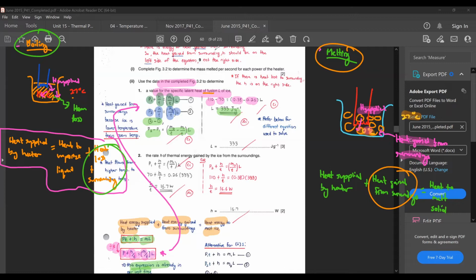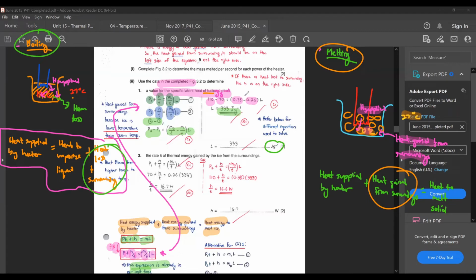Right. Now, you don't really need to change your units for mass from gram to kg, because the answer here is already in grams. All right. You can actually look at the analysis of your units if you wanted to. What would be the unit of L? The unit of power is already joules per second.